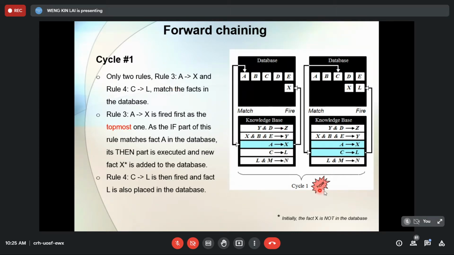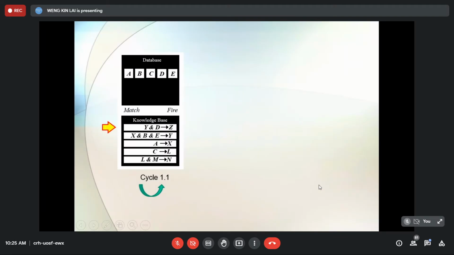So let's see whether I can show this or not. Or I come back to this. Okay, this is a visualization. So we go back. In the cycle 1, let's see, go back here.